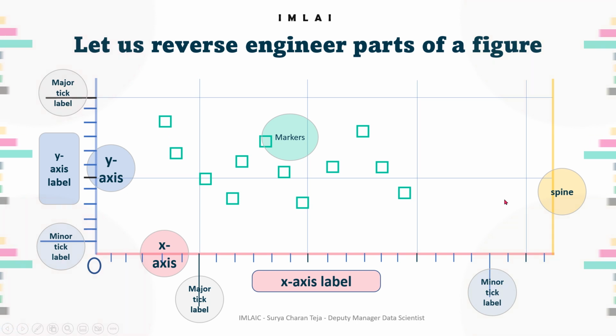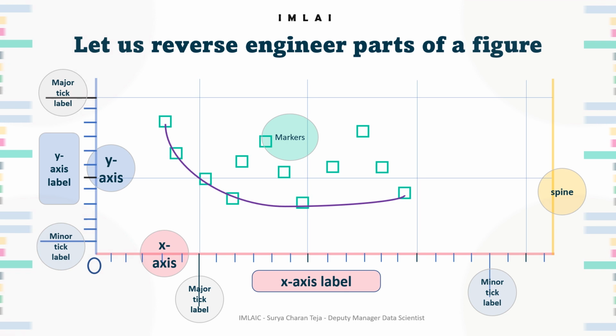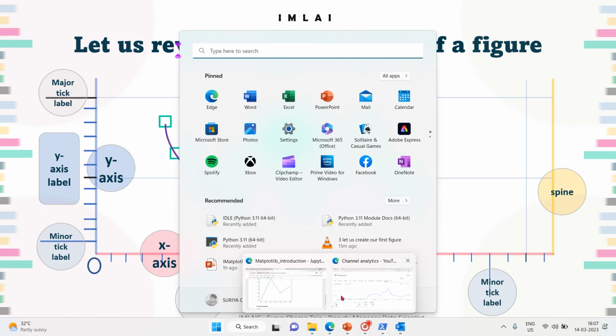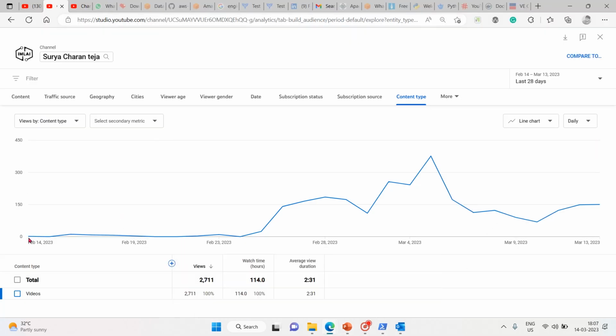Clear? So then you have a line. When you join all these markers together, what we get is a line. So now let me show the line. Here is one example. For example, let me take one point. So what's this point? On the x-axis, the x value is Feb 26, 2023.